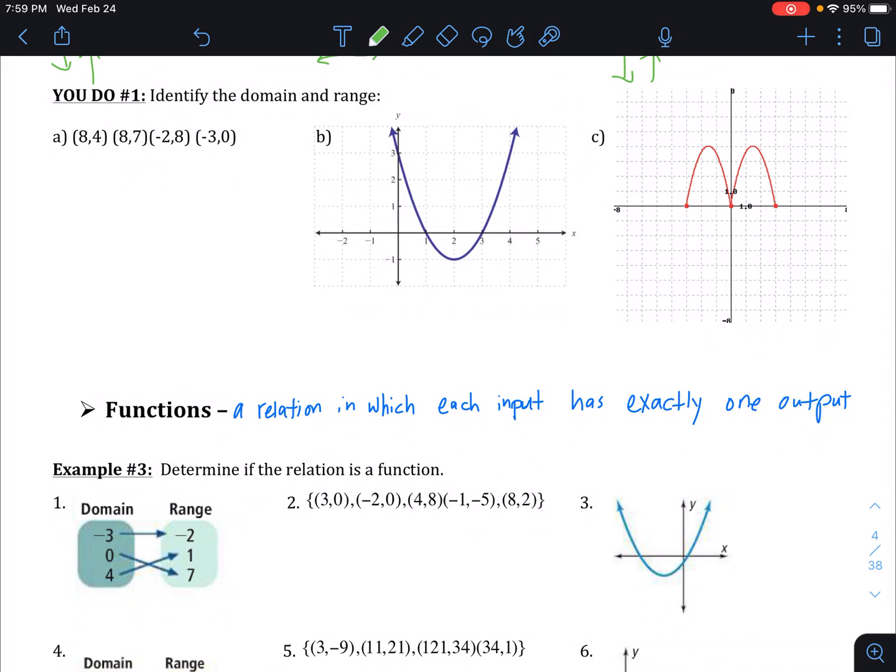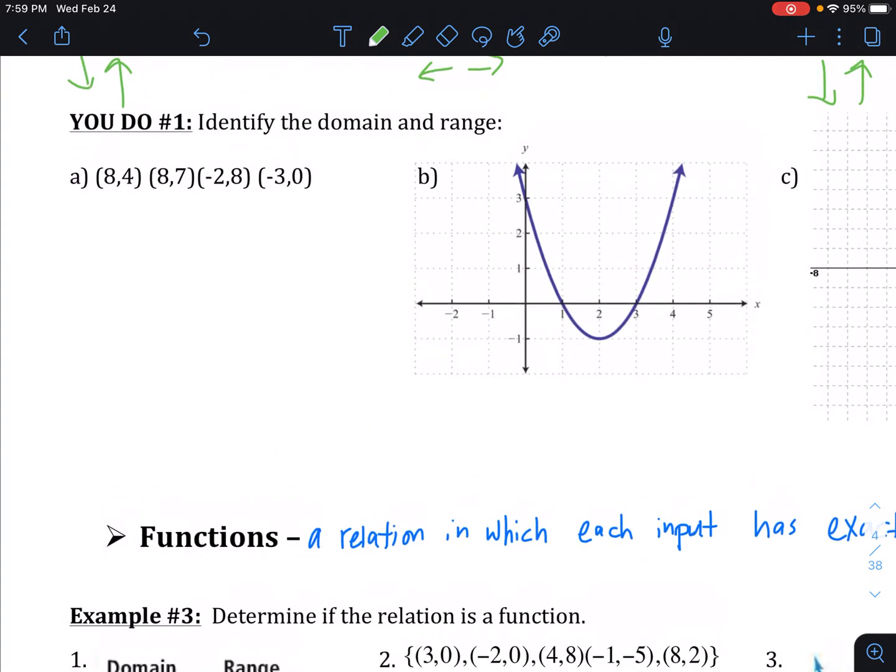Okay, I want you to pause here and try letters A, B, and C on your own. Pause the video, try them on your own. Okay, let's see what you got for identifying the domain and range. The domain you should have had, put it in curly brackets, 8, -2, -3. Do not repeat those 8s.